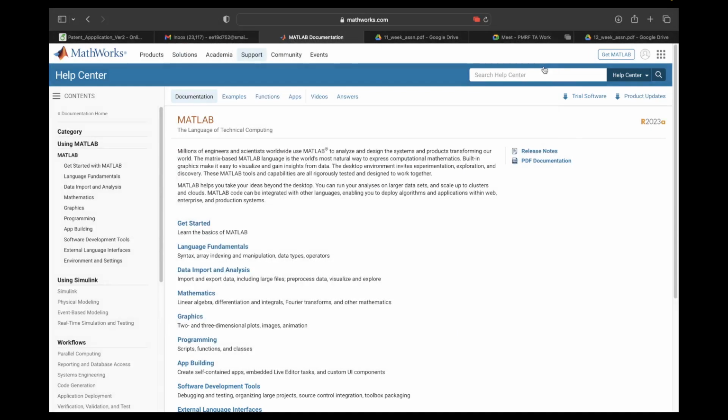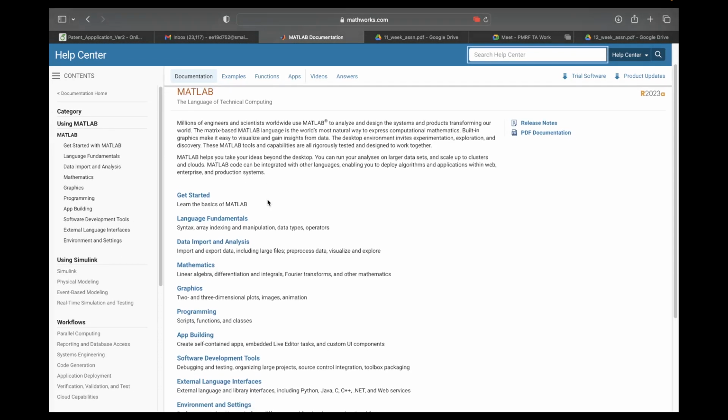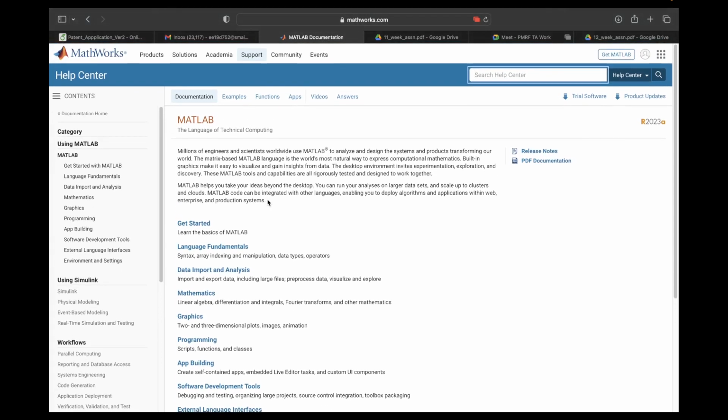You can see how to get an ID and use MATLAB online. Apart from that, there is extensive documentation. Whatever you need to find, you can also YouTube. You will get some basic tutorials on MATLAB to start off with code and all. After that, you can use it to plot various waveforms.